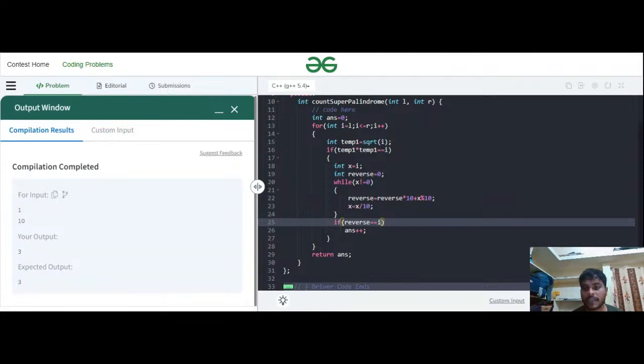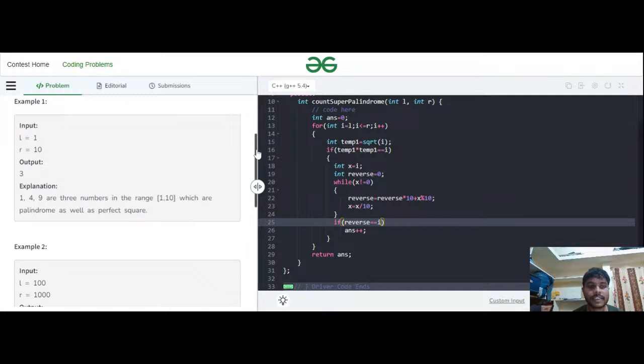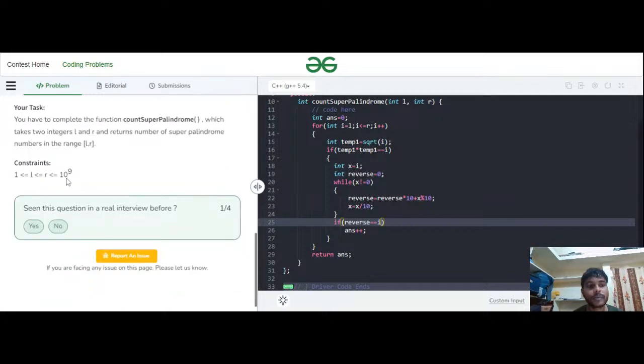Now we got the correct answer, but here what happened is we get TLE. Why? Because here see the constraints. Constraints are up to 10 power 9.